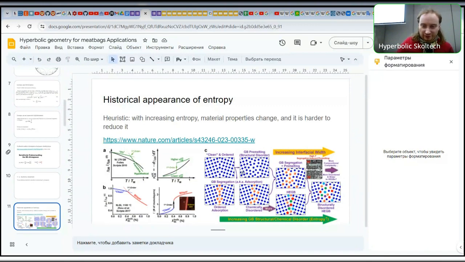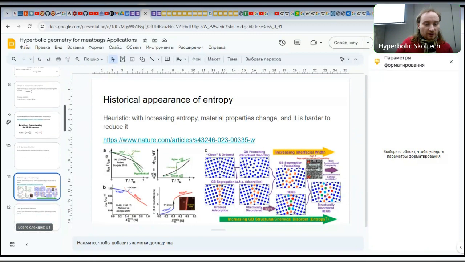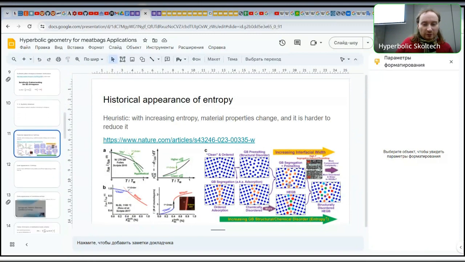Increasing means that you have a mixing of two materials, so physical properties are changing, and it is hard to reduce this entropy, since it is harder to extract one body from another when they are already mixed, for example, two heaps of grain.